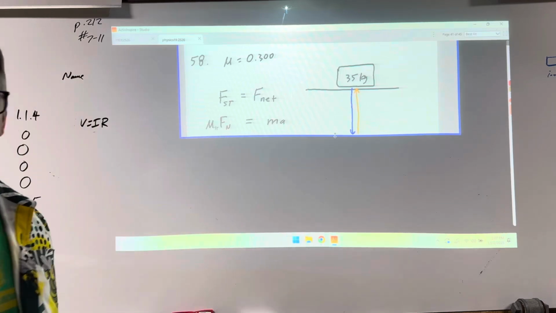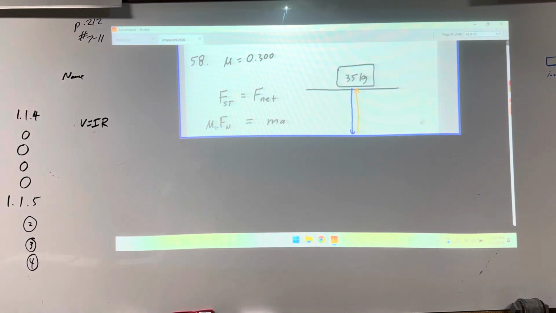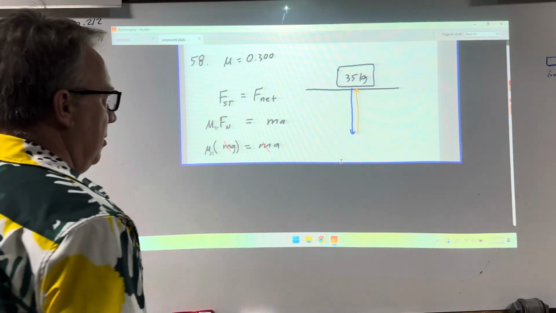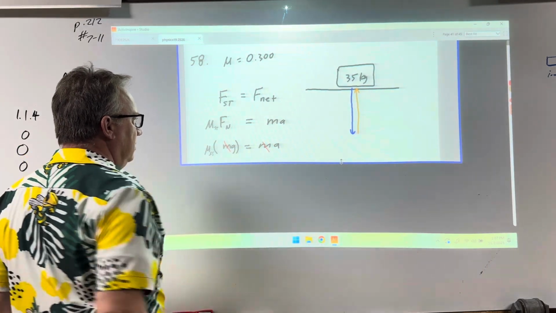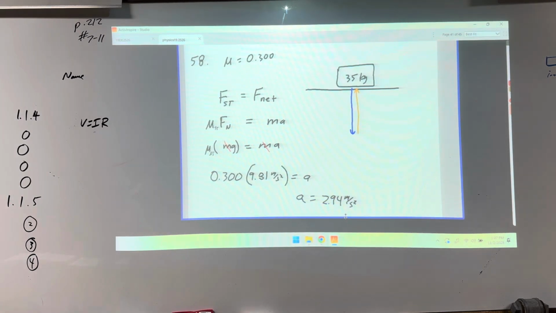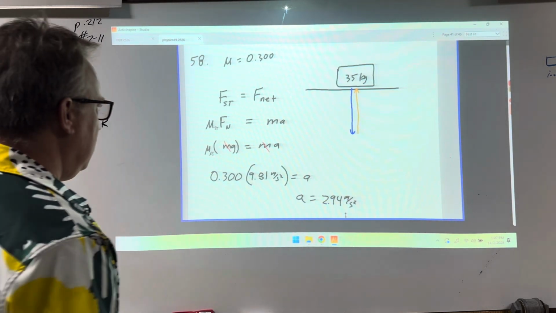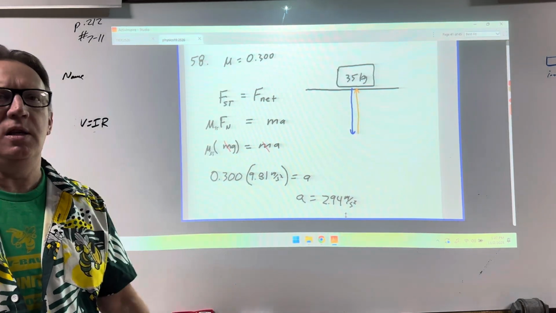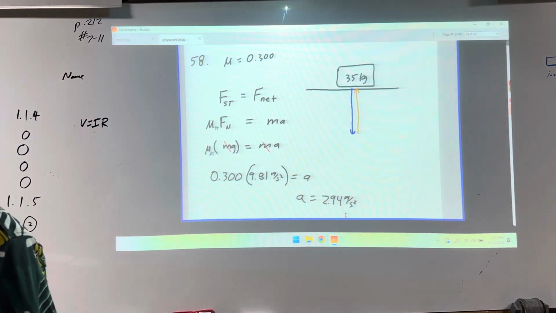The normal force is m times g because we're horizontal. We don't have an angle we have to worry about this time. And it shouldn't matter what the mass of the box is. So the coefficient of static friction times g is equal to a. So the most we can accelerate is 2.94 meters per second squared, and then it'll start to slide one way or the other.